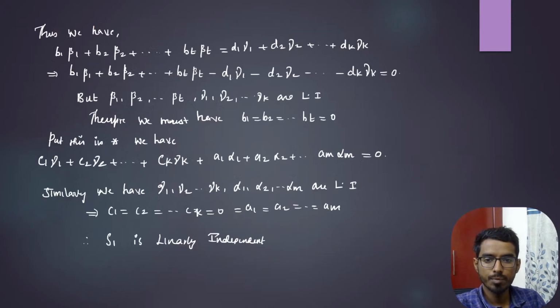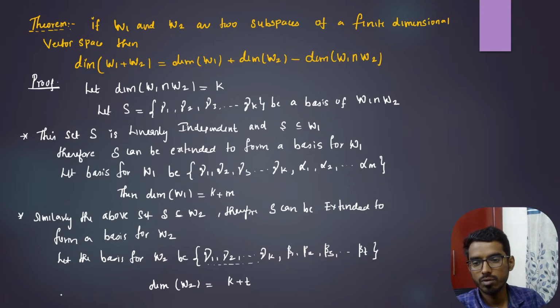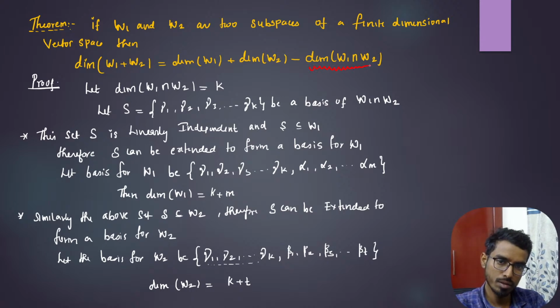I'll repeat how I proved it. First, I have assumed that this dimension is k. That means this basis has k elements. So gamma 1, gamma 2, gamma 3 up to gamma k be a basis for W1 intersection W2, right?